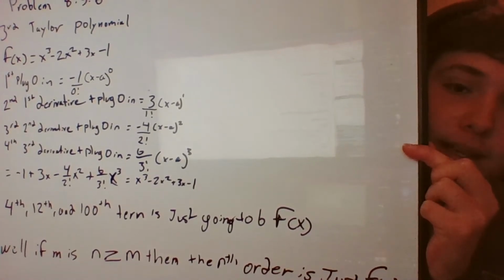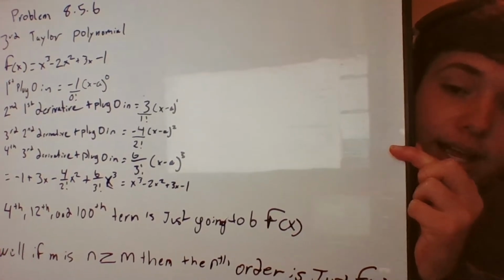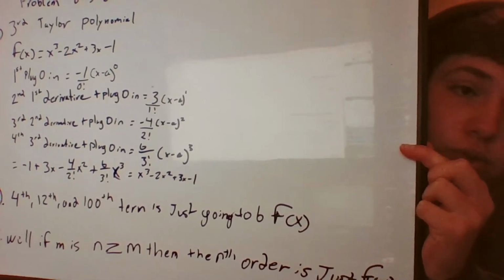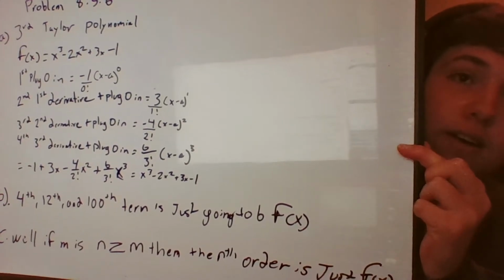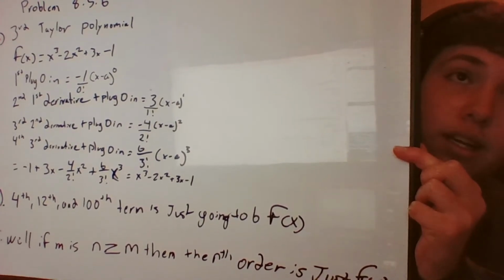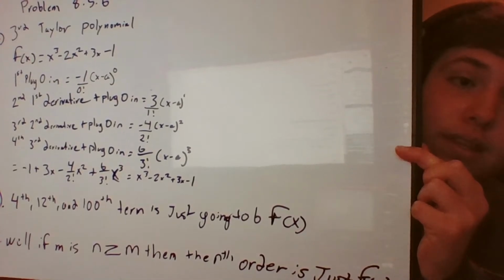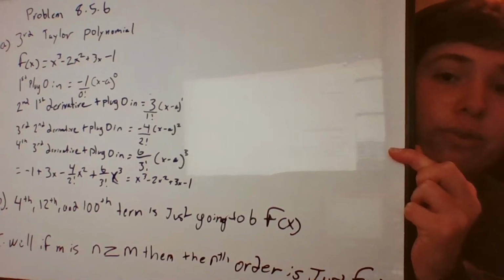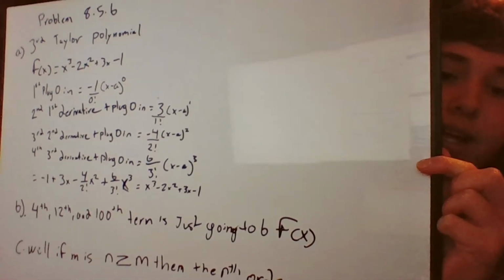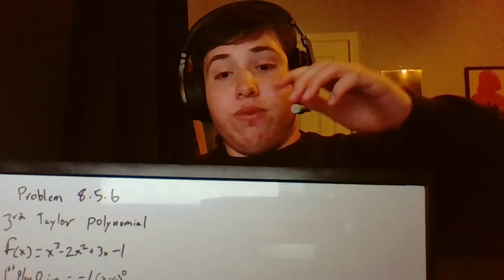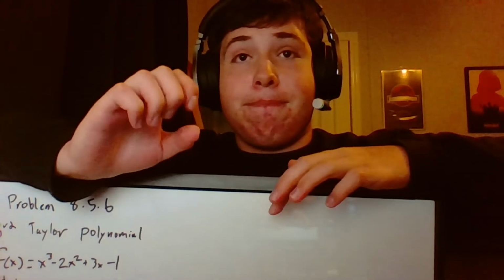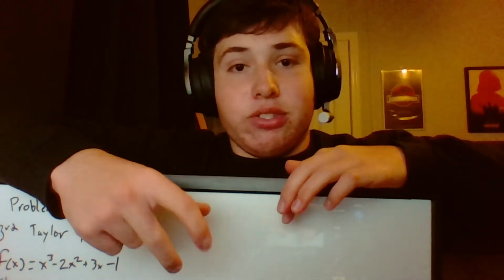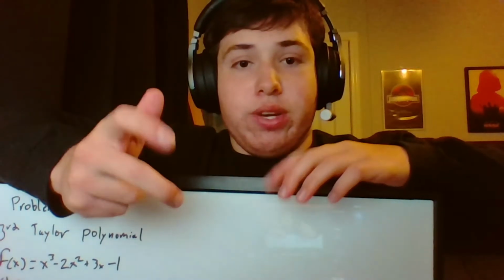We can also say that if n is greater than or equal to 3, then our nth polynomial is just going to be equal to f of x. And then in part C, we're asked what happens if we change f of x to an m degree polynomial.